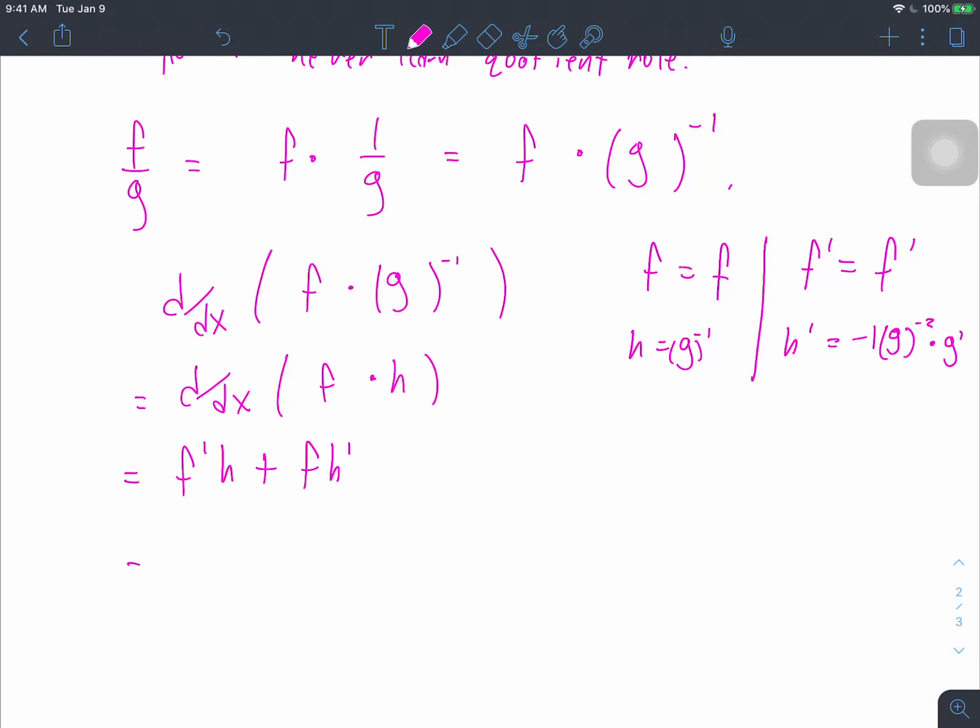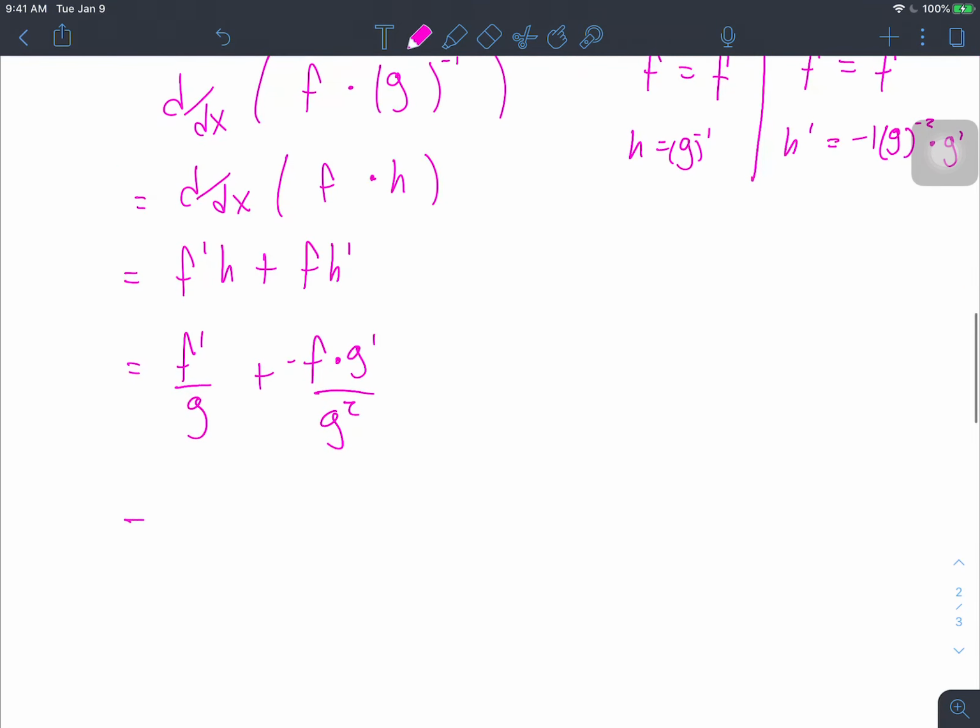And then I multiply down by the derivative of the inside. And so then I would get f prime times, well, h is just g. And then I would add f times h prime, which is negative f times g prime all over g squared.